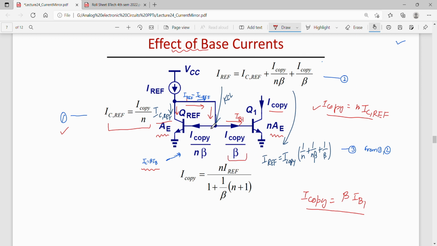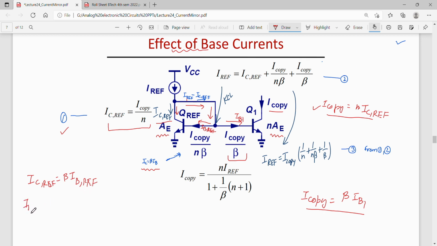Similarly, the current going into reference transistor, IB ref. Okay. So let us say this is IB ref, by again using the same IC is beta IB. Okay. And IC here is IC ref. So IC ref is beta times IB ref. So from here IB ref can be found.